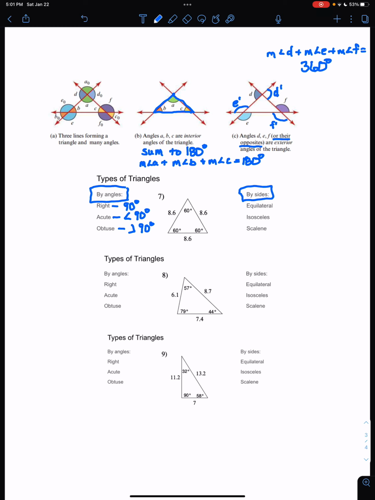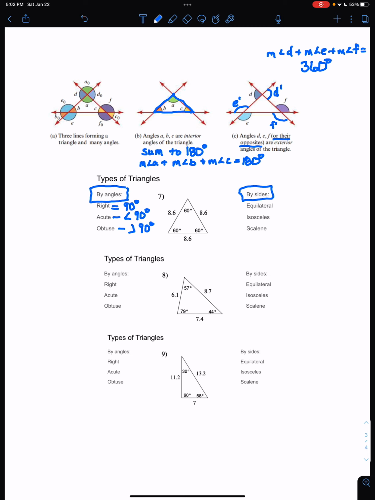So this is how we classify triangles based on the angles. Either it has one angle that's equal to 90 degrees, all of the angles are less than 90 degrees, or one of the angles is greater than 90 degrees.